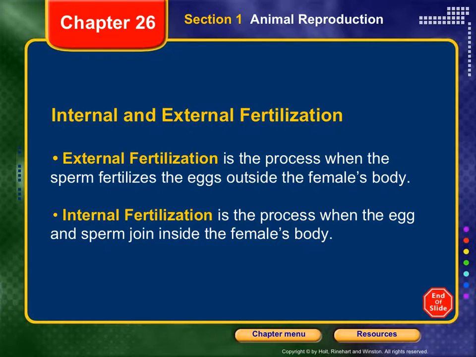So that would be external. Anybody else have another external example they'd like to share? All right. And then internal is where the egg is not released out of the female and it has to be fertilized inside the female's body by the sperm. So those are the two types.